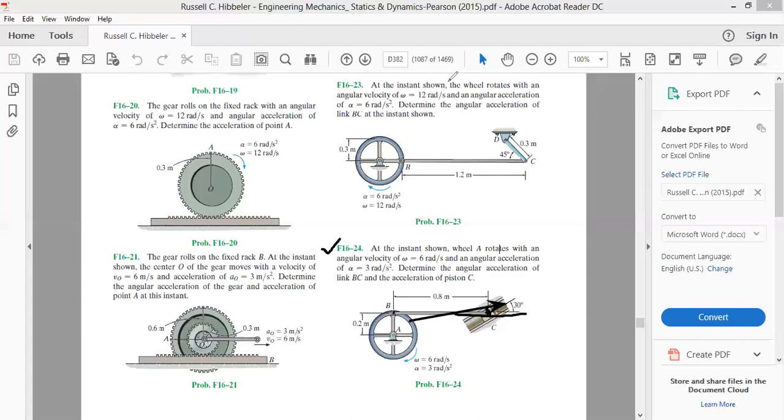Once the link is rotating, we are asked how much is its angular acceleration and what is the acceleration of point C. Now, if we are asked to find the acceleration of point C, we have to locate another point. Let's locate point B and write the acceleration equation between point C and point B. But as we write the acceleration of point C equal to acceleration of point B plus a few more terms, we should know at least the acceleration of point B. So first of all, we should know how much is the acceleration of point B itself.